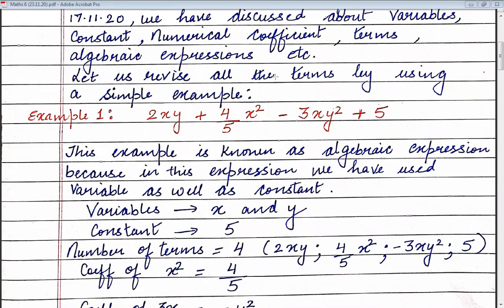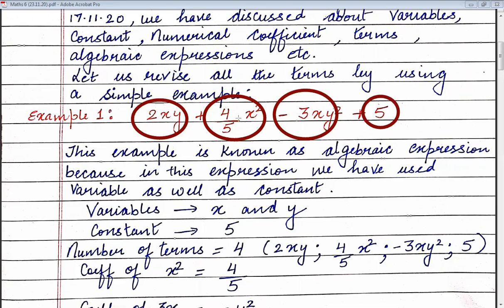Now let's see how many terms there are in this expression. Let's count: first term, second term, third term, and fourth term. Your first term is 2xy.